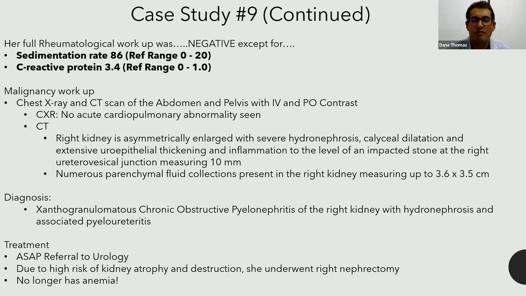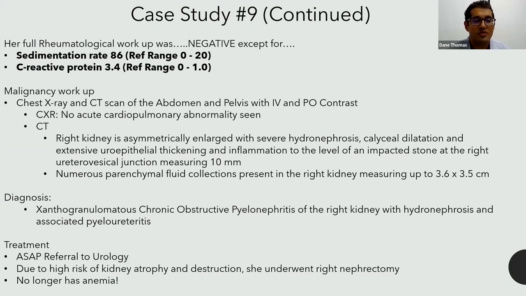The chest x-ray revealed no abnormalities, but her CT revealed that her right kidney was asymmetrically enlarged with severe hydronephrosis, calyceal dilatation, and extensive uroepithelial thickening and inflammation to the level of an impacted stone at the right ureterovesical junction measuring 10 millimeters.